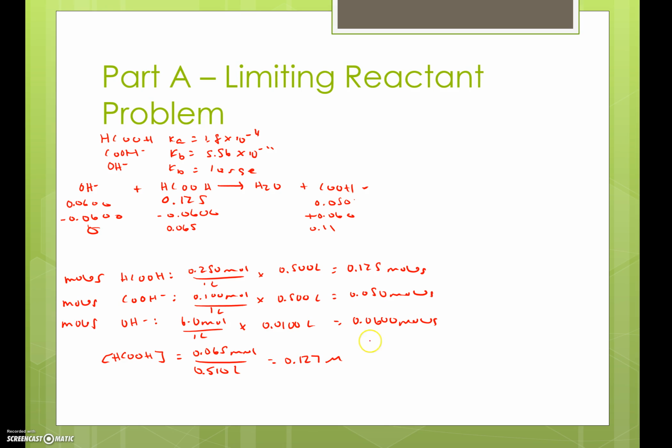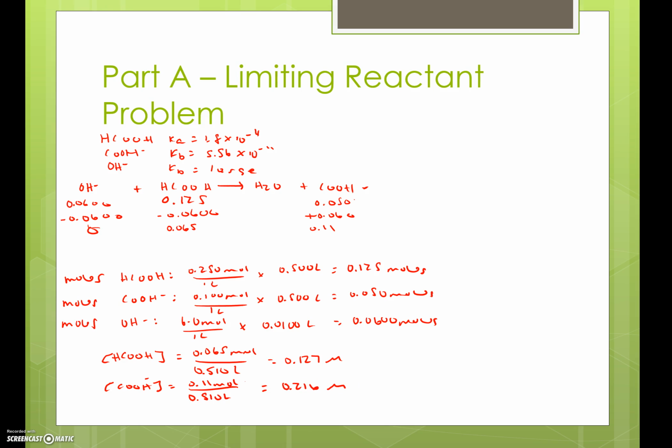And we'll do the same thing for our formate ion. So we want the concentration of the formate ion after all of our hydroxide has been consumed. So we've got 0.11 moles in that same 0.510 liter solution. So now we've got a 0.216 molar solution of formate ion.